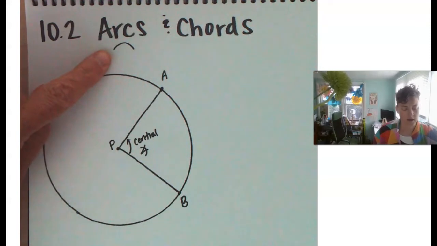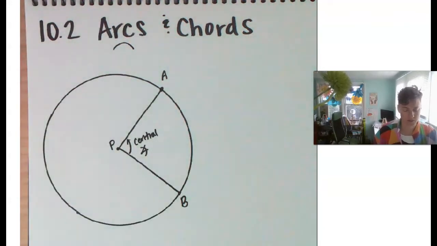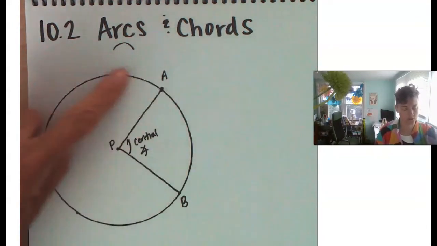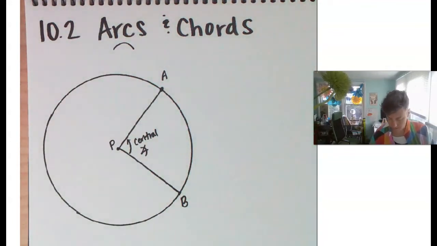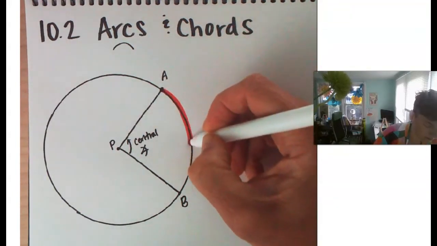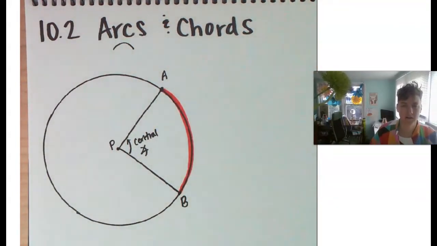Now we also chopped this circle up into two arcs when we did this. We have a minor arc and a major arc. So the minor arc, some colors going on here. There's our minor arc.